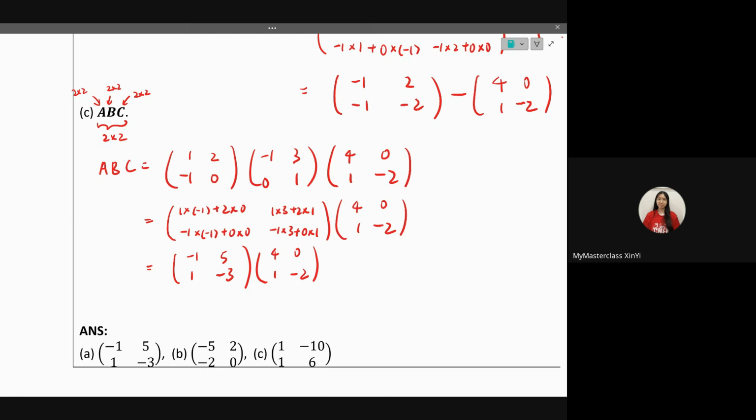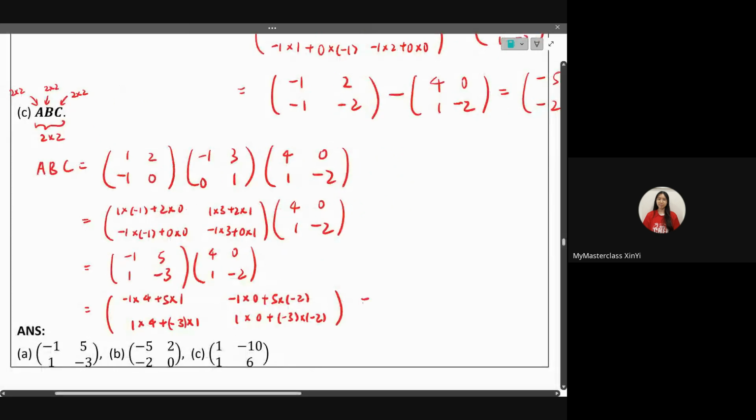Then this should give you negative 1 times 4 plus 5 times 1. 1 times 4 plus negative 3 times 1. Negative 1 times 0 plus 5 times negative 2. 1 times 0 plus negative 3 times negative 2.